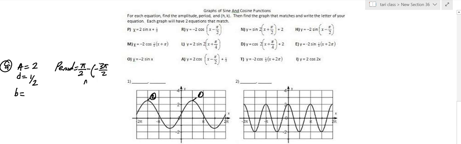So this will be pi over 2 plus 3 pi over 2, which will be 4 pi over 2, and this will be equal to 2 pi. Now to get our B, the formula is 2 pi over the period, and we have gotten the period to be 2 pi, so 2 pi over 2 will leave our answer to be 1. And then for C, it now depends.